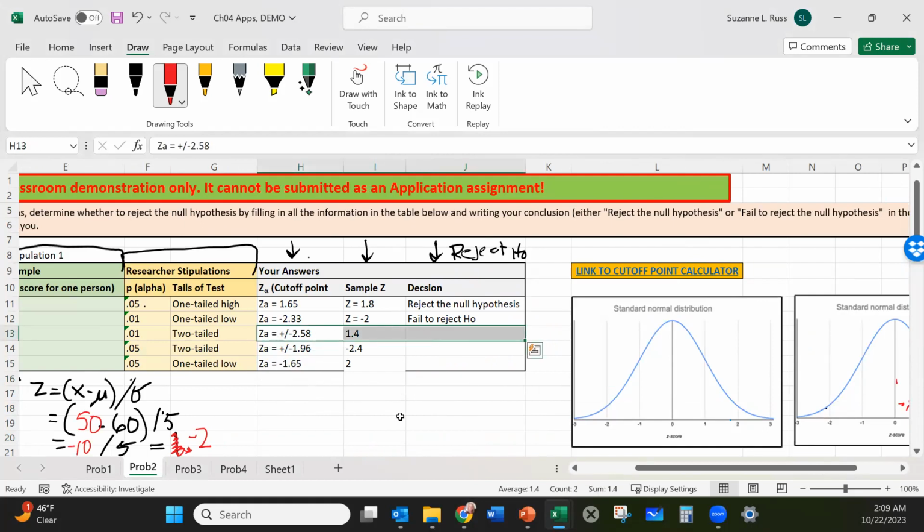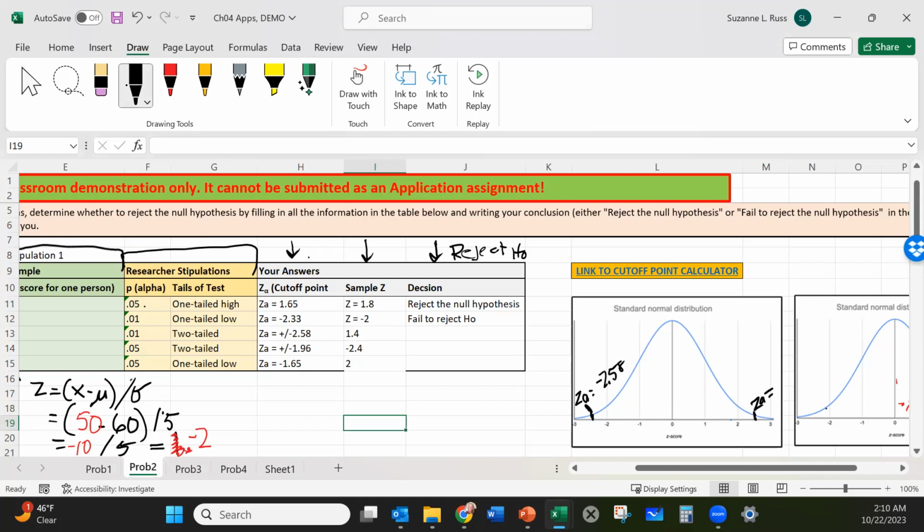We have Z alpha of plus or minus 2.58. So let's write those in way the heck out here. Z alpha equals negative 2.58. And way out here somewhere, we have Z alpha equals 2.58.